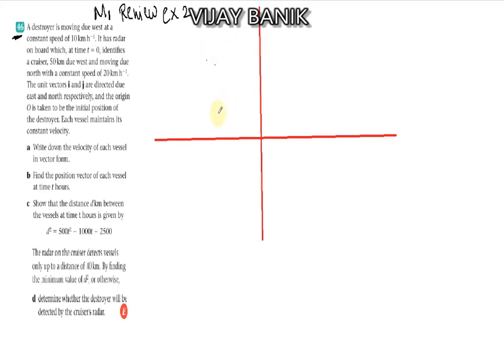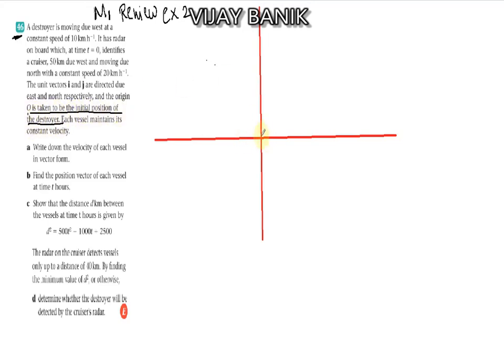At time t equal to 0, that means the starting of time, it identifies a cruiser 50 kilometers due west and moving due north with a constant speed of 20 kilometers per hour. The unit vectors are given, and the origin is taken as O, to be the initial position of the destroyer.